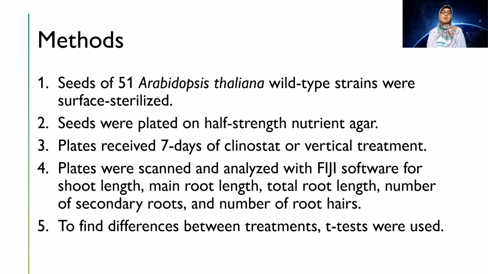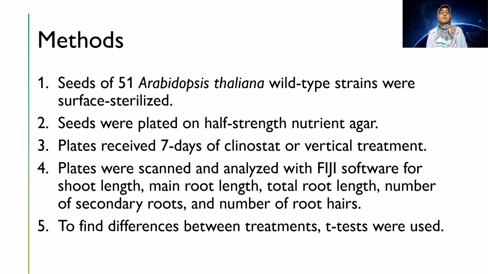Our methods were to surface sterilize 51 genotypes of Arabidopsis thaliana and place them on a nutrient agar. After 7 days of treatment, which was either clinostat treatment or vertical treatment as a control, they were scanned and analyzed using image analysis software.